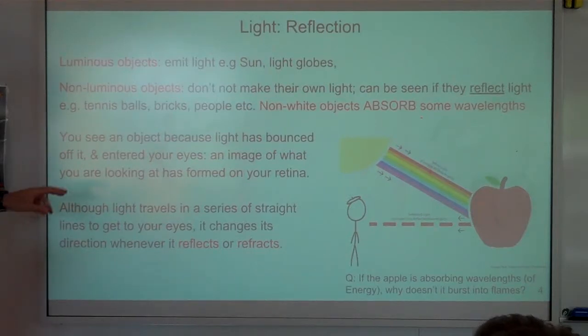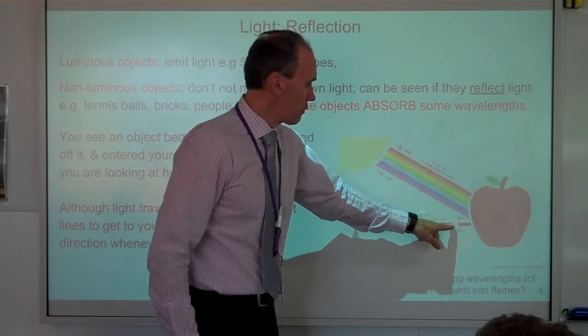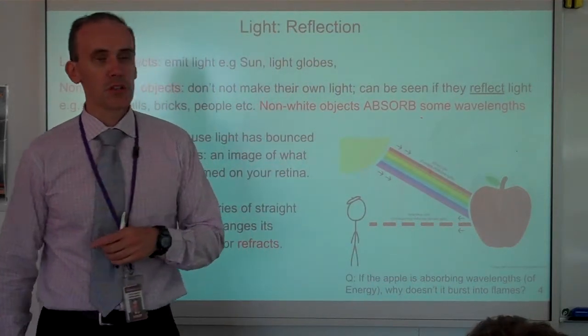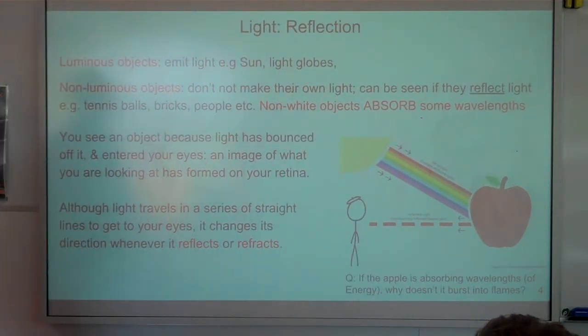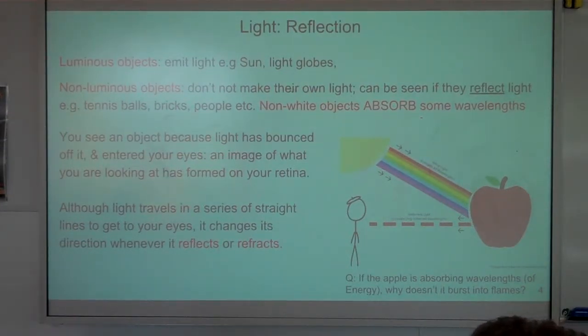Now, you see an object because light has bounced off it and entered your eyes. An image of what you're looking at has formed on your retina. So there's the red apple, white light coming in, but only the red light reflecting and reaching your eye. Okay? And so that's fundamentally what we're seeing. Although light travels in a series of straight lines to get to your eyes, it changes direction whenever it reflects or refracts.